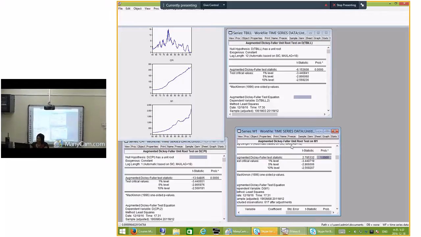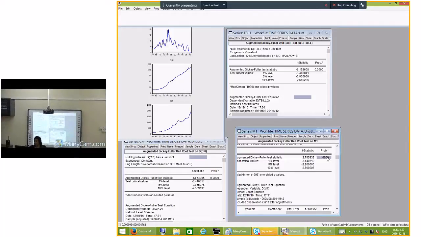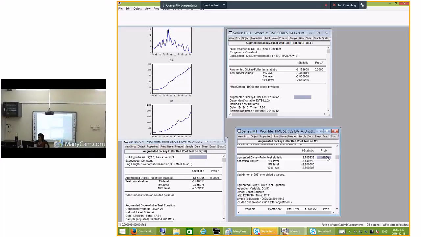Then the augmented Dickey-Fuller test shows that it has a trend. Because of this trend, for some reason, some innovation or shock does not die out with time.